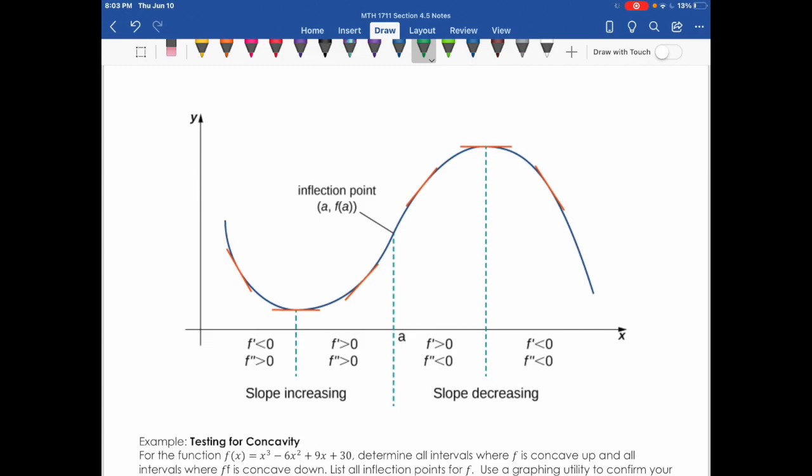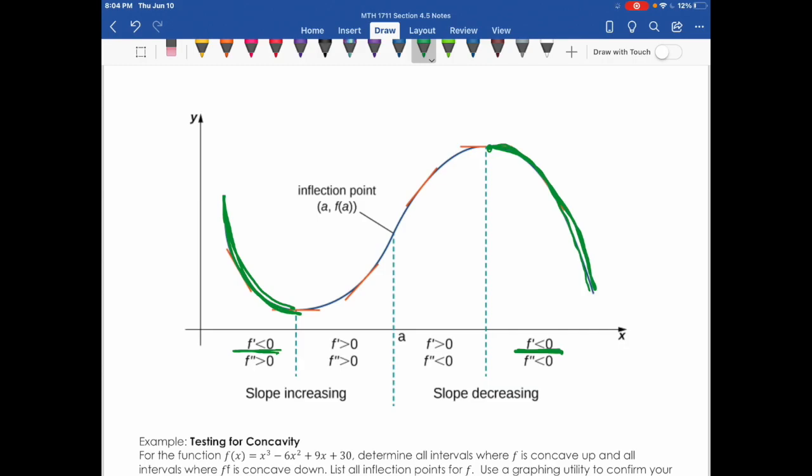Now, let me erase and let's look at the first derivative. Remember, the derivative is negative when the graph is decreasing. So if I trace left to right using my green, this here is decreasing, and then this here is decreasing because I'm tracing it left to right and going down.